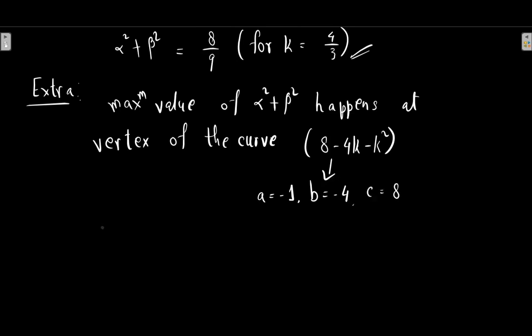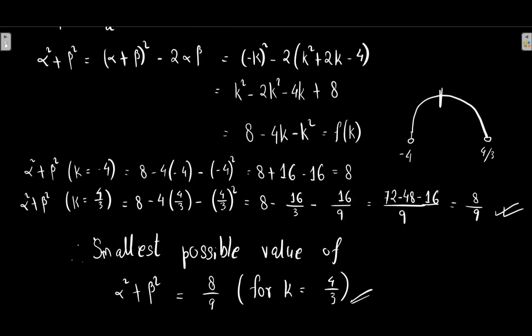The x coordinate of the vertex of the curve will be minus b upon twice a. So this gives us minus of -4 upon 2 times -1, so this gives us +4 upon -2, which gives us -2. So this maximum value will happen at -2, and -2 lies between -4 and 4 by 3, right?